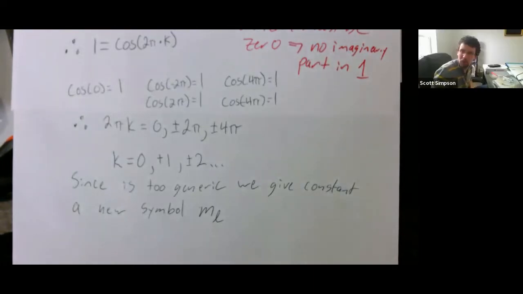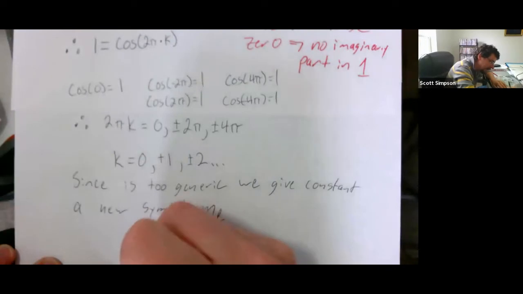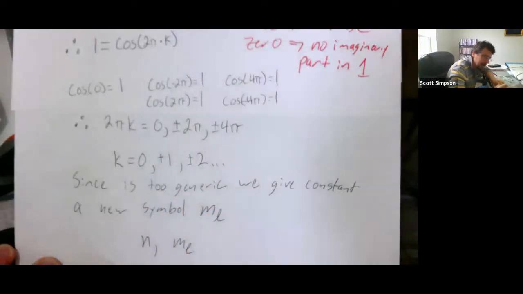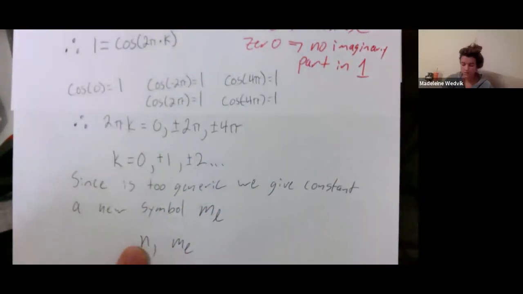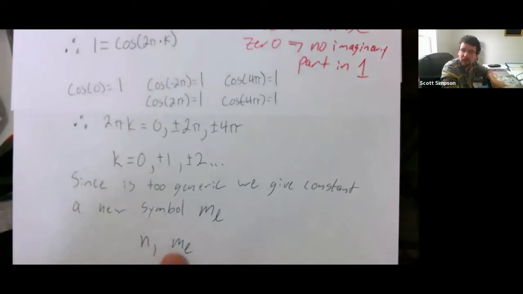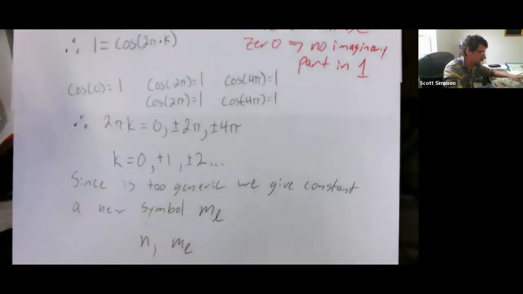So this is pretty cool. We found 2 of the quantum numbers so far. We found n and we found m sub l. n comes from just having quantized energy. m sub l has quantized angular momentum. So we found 2 sets of quantum numbers so far.